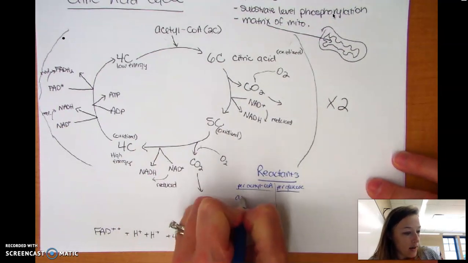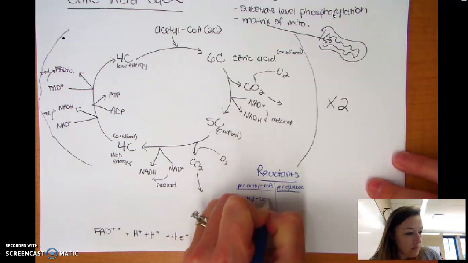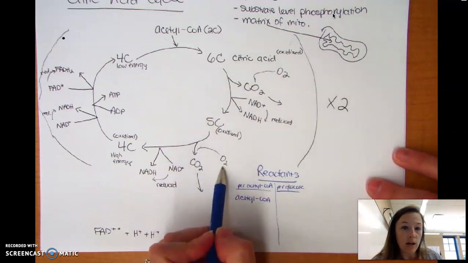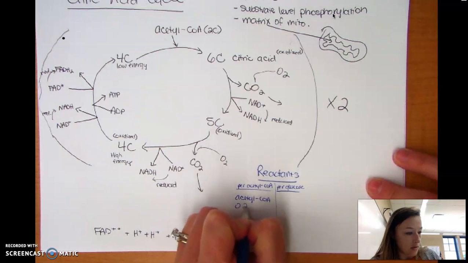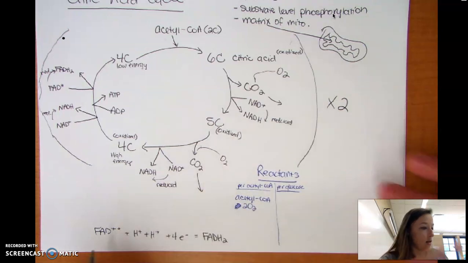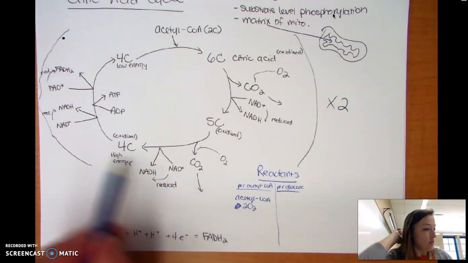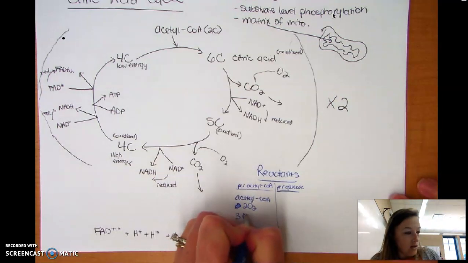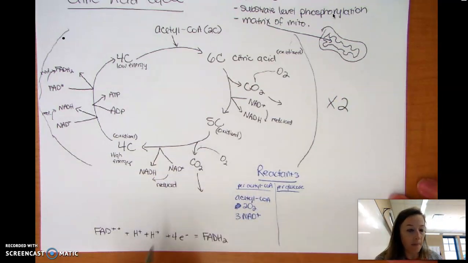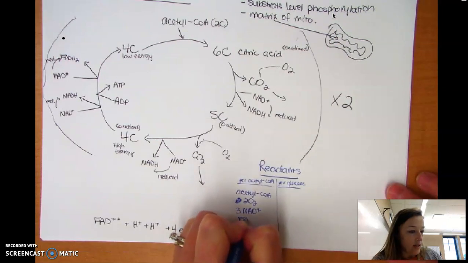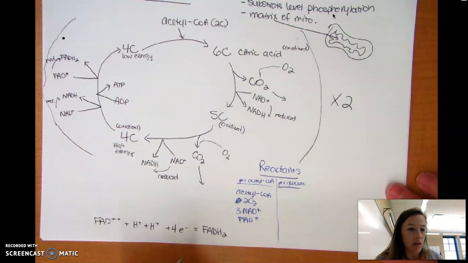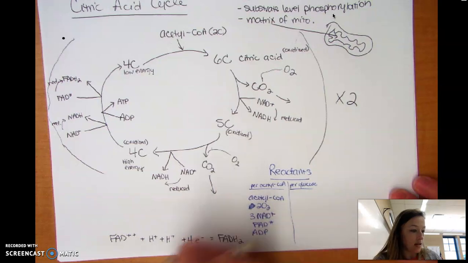We had an acetyl-CoA go in. We had 2 oxygens coming in, 2 O2. We had 1, 2, 3 NAD+ coming in. We had an FAD come in. We had an ADP come in.